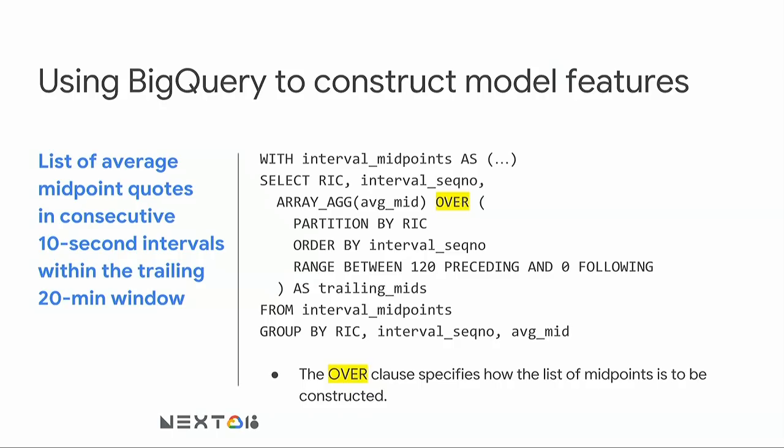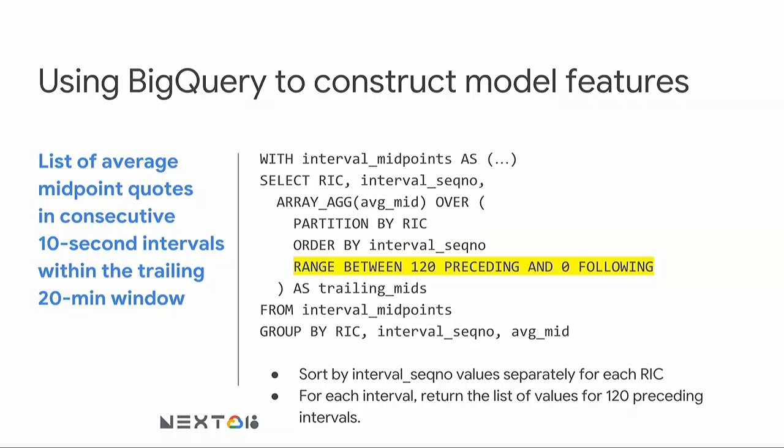And the OVER clause specifies how exactly we're going to do it. So we partition data by RIC, by stock identifier. Within each partition, we order rows by interval sequence number. And with this ordering, for each row, we take 120 preceding rows and make a list of them and return this as the output of the query.